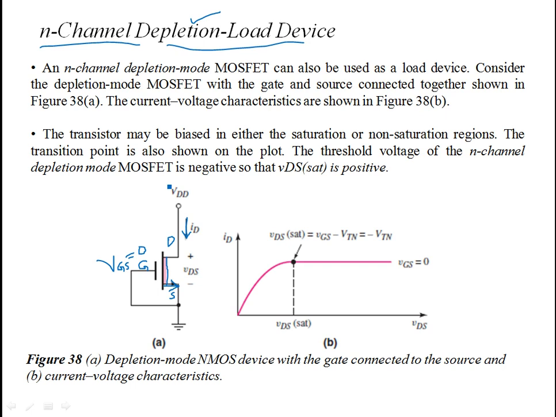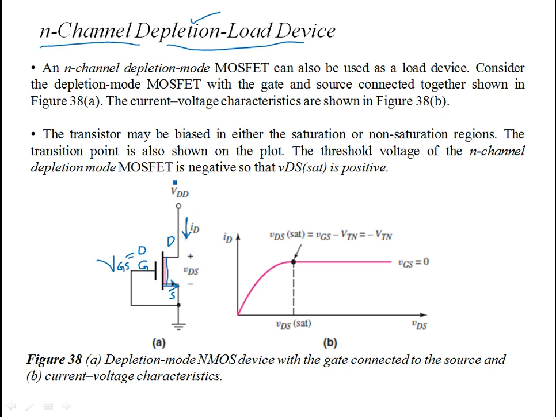Unlike the enhancement type load device, where if you recall the gate was shorted with the drain terminal, here the gate is connected with the source terminal. So VGS is 0, and we don't need VGS anyway.